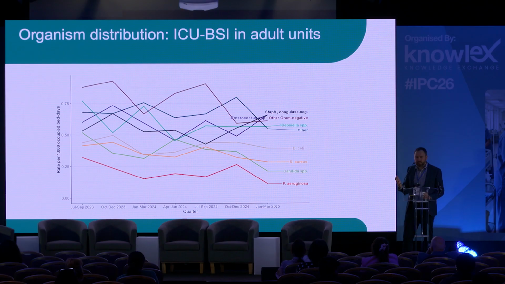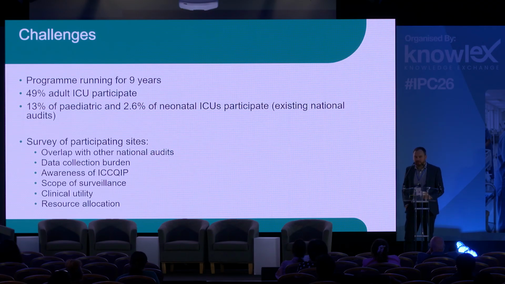There are lots of squiggly lines, but it's a variation around an average, and it allows us to track any particular spikes for a particular outbreak or a concerning pathogen that's becoming more prominent in the program.